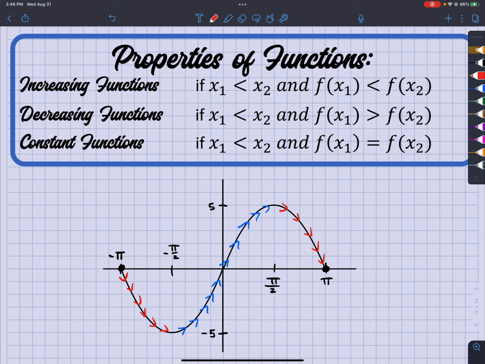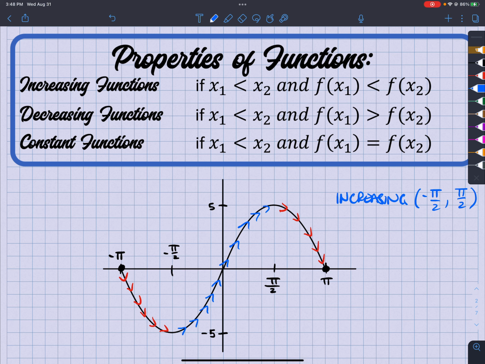Okay? So here I have no constant functions, but I can say that I'm increasing from negative pi halves all the way to pi halves.